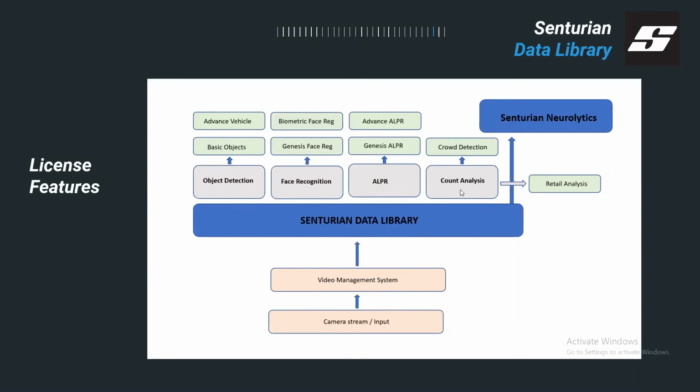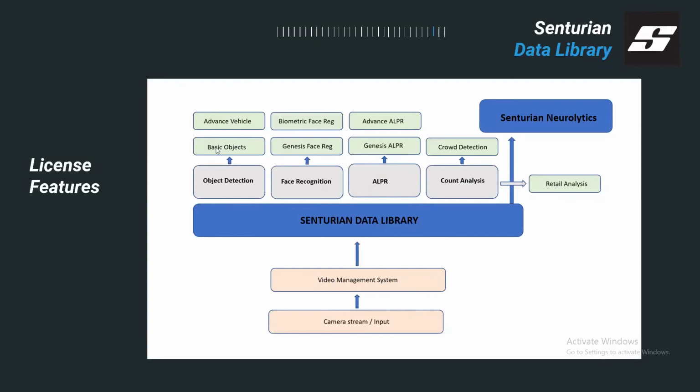We can run 4 different things now: object space, LPR, and count analysis. Basically, the green color boxes here are all the modules you can purchase. So you just have to look at the green things. These are the different licenses you can purchase.